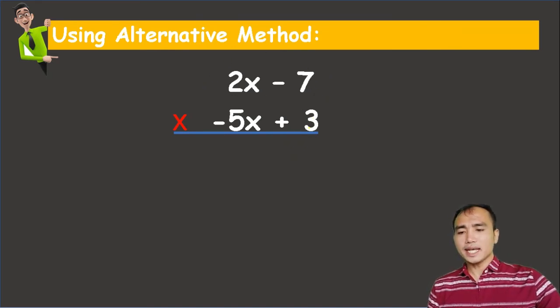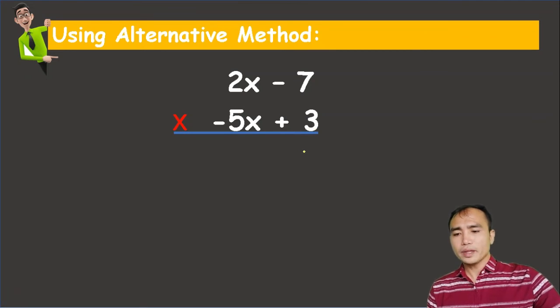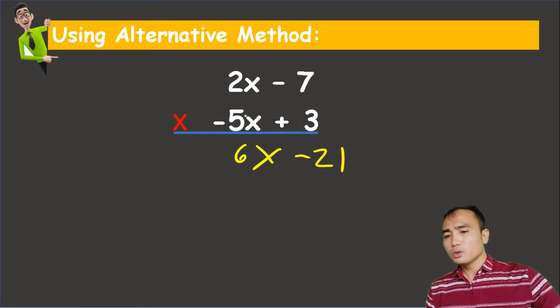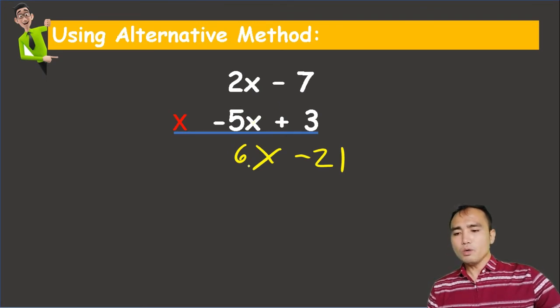So 3 times negative 7 is equal to negative 21. Next, 3 times 2x is 6x. After we multiply 3, next is negative 5x multiplied by negative 7, which is equal to positive 35x.